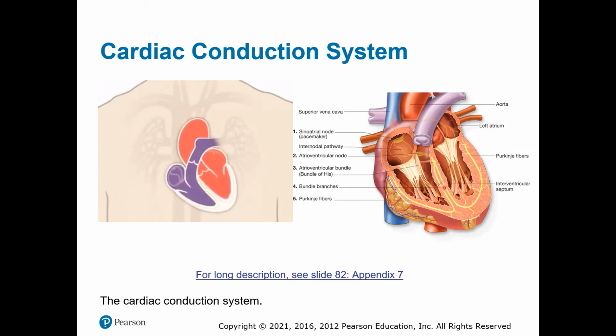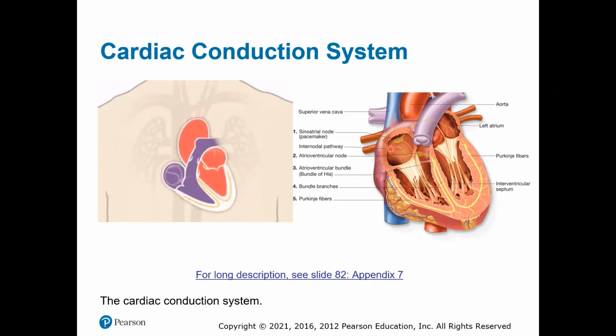You have your right and left bundle branches, and then from there it goes into the Purkinje fibers around the ventricles themselves. When we talk about the SA node, if you ever hear of atrial fibrillation, atrial fibrillation is a common problem.